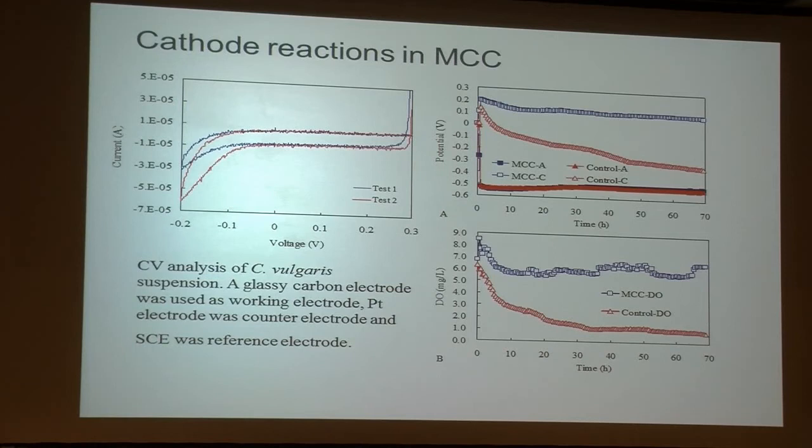So we believe the carbon dioxide was absorbed by the algae, and then the oxygen released was used by the cathode. Basically, it is also an oxygen reduction cathode, just that the oxygen comes from algal respiration, not from the air.